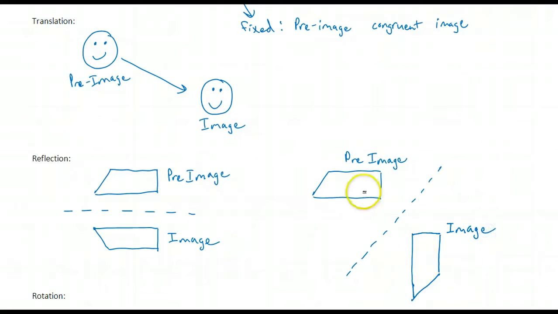Now this looks like it should be a rotation, but if you look, these two are reflections of each other. You might have been taught that a reflection is a flip, but the mathematical term for a flip is a reflection.